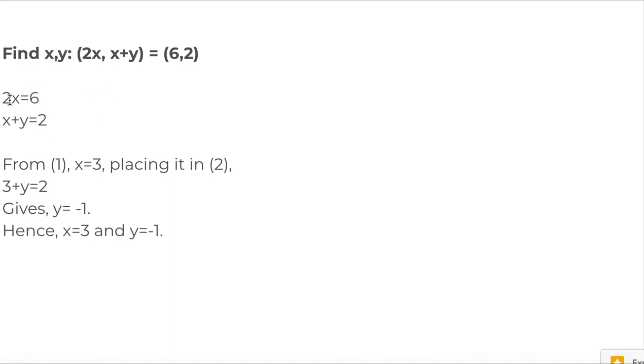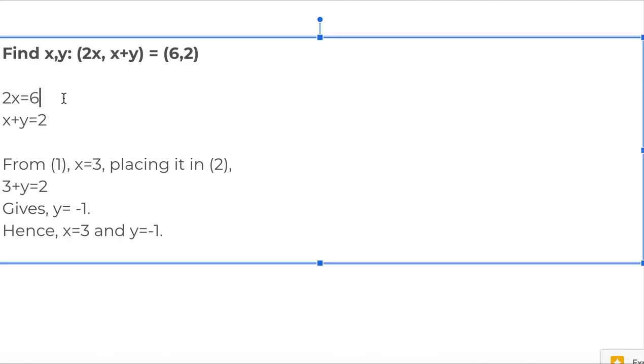So x is 3, and you place the value of x in the second equation. This is the first equation, and this is the second equation, right? So from 1, x equal to 3 is placed in 2, where you find that y is equal to -1, and hence x equal to 3 and y equal to -1.